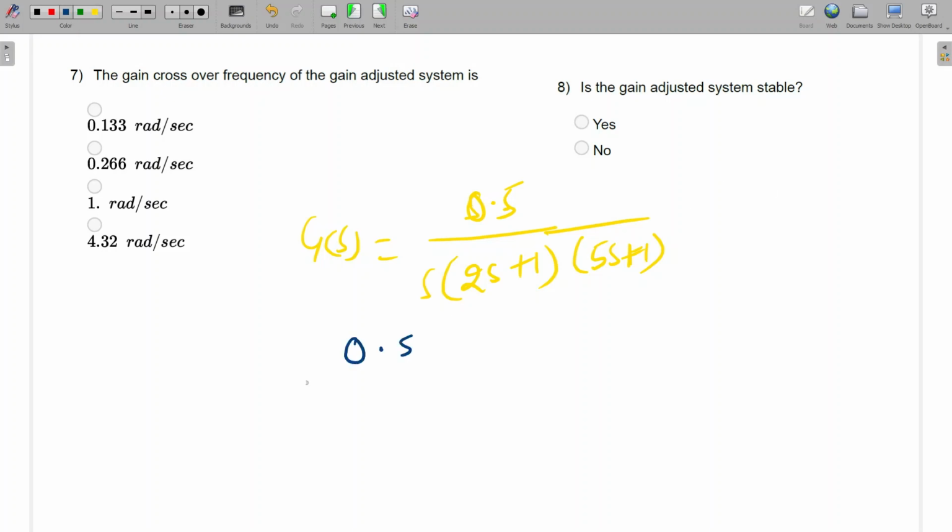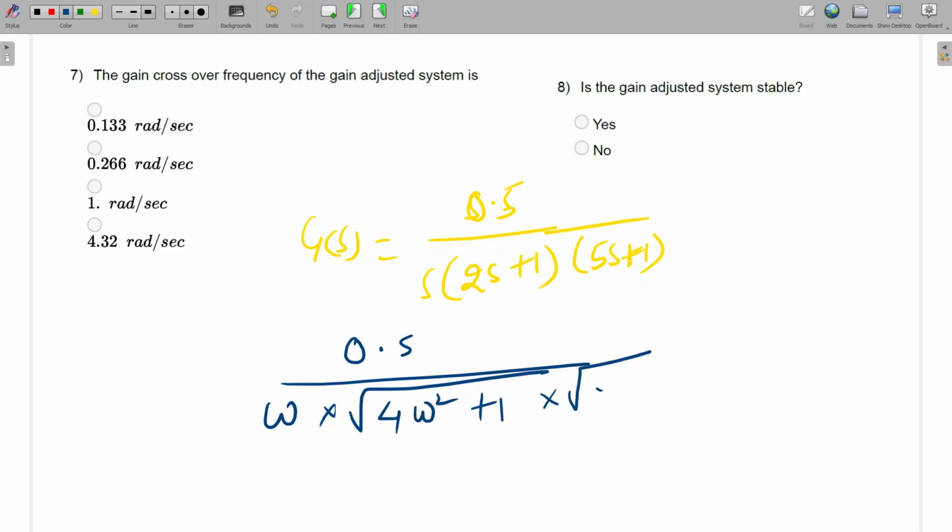Magnitude will be 0.5 divided by omega into under root 4 omega square plus 1 into under root 25 omega square plus 1. That should be equal to 1. So by solving this equation, we can find the gain crossover frequency.